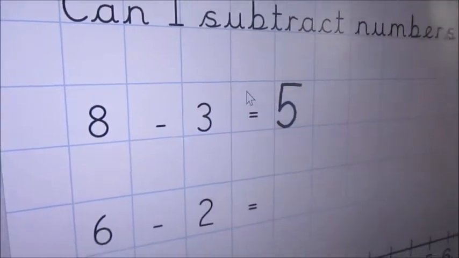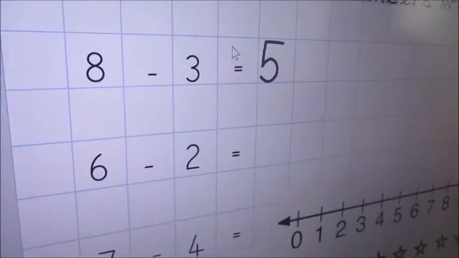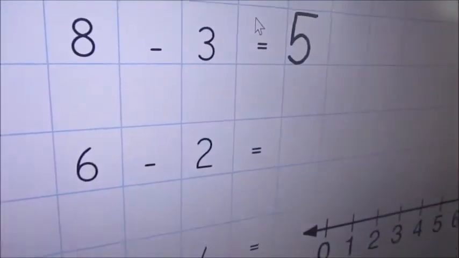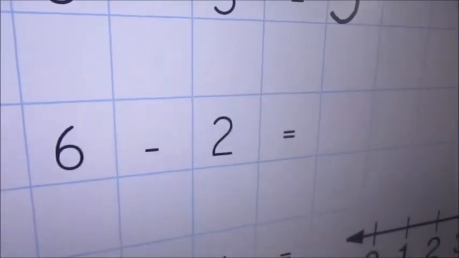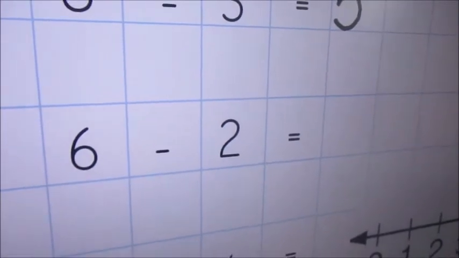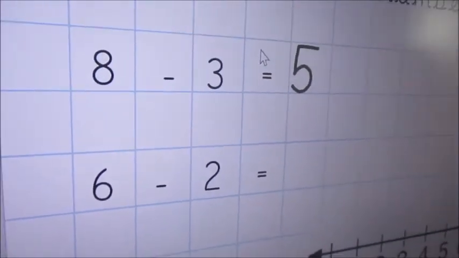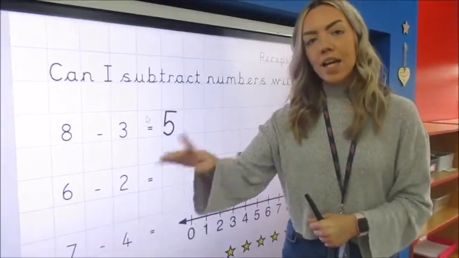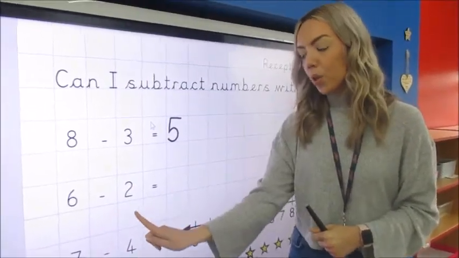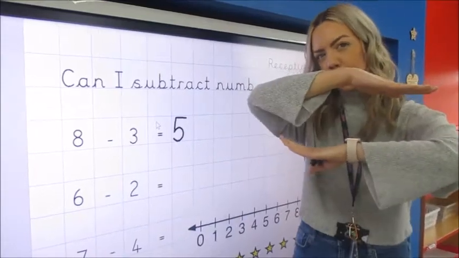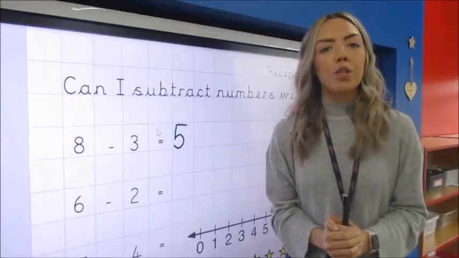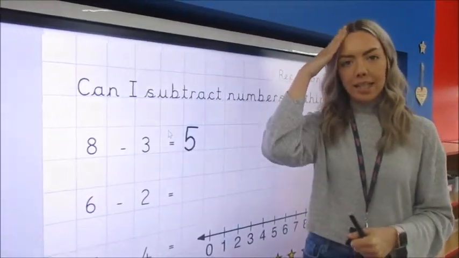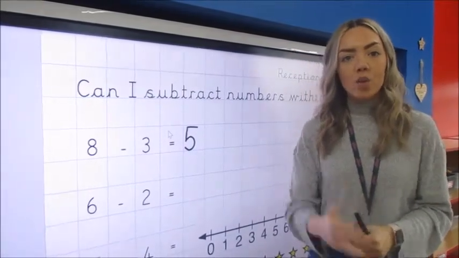Now next we are going to have a look at another method to answer our second number problem. But first you must write it on your board, remembering your number formation. So saying it with me. 6 take away 2 equals. Okay. And I want you to do this one mentally, and that means you do it in your head.